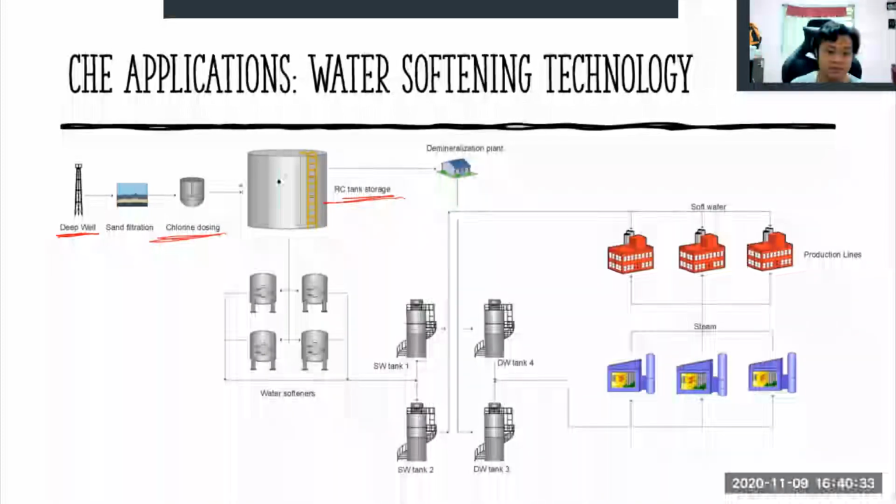So it comes from the deep well that is drilled and then it's stored in the reinforced concrete tank storage. And then it goes in two ways. Some of it goes to the demineralization plant. Demineralization, as the name suggests, will remove the minerals such as calcium 2 plus, magnesium 2 plus, Na plus, all metals in the water that make it a conductor of electricity.